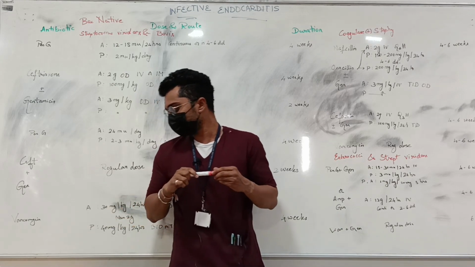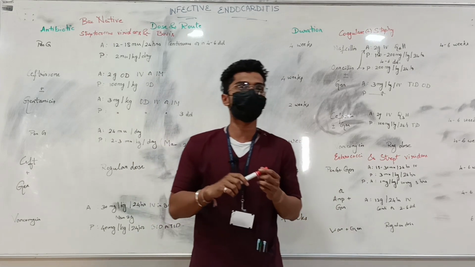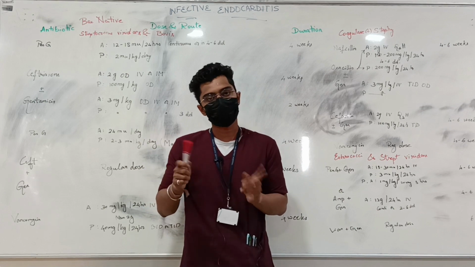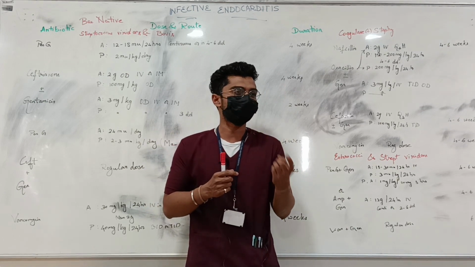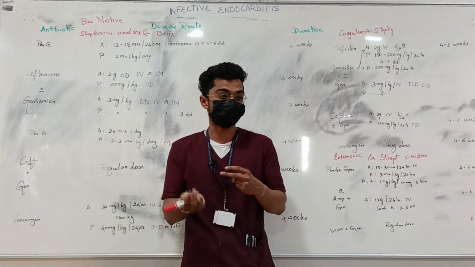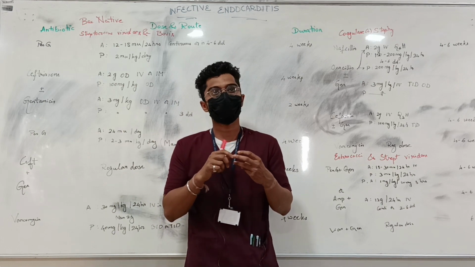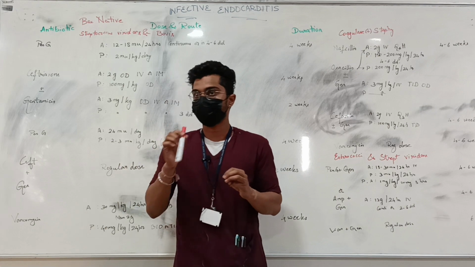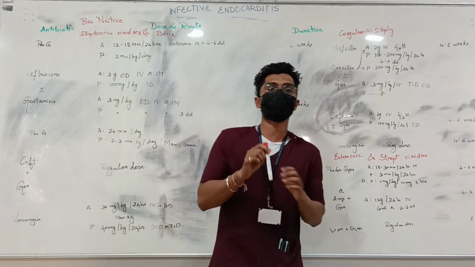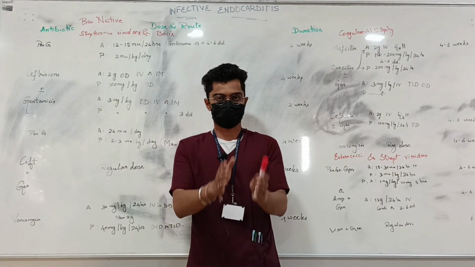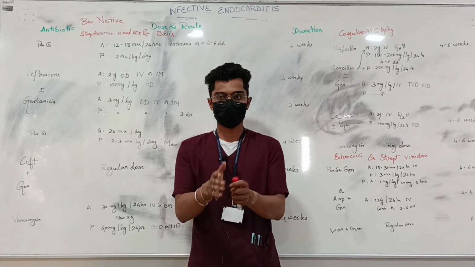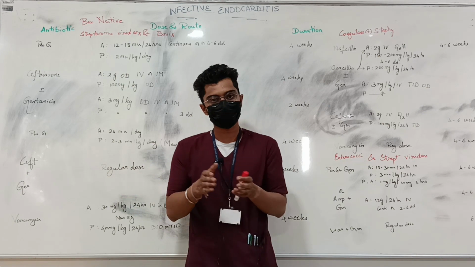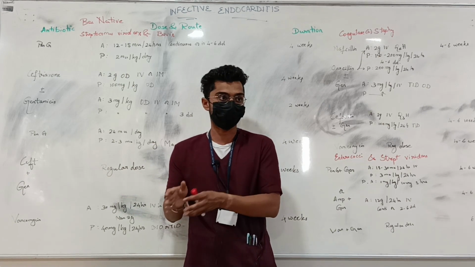We also use a diagnostic criteria called the modified Duke criteria, which takes into account symptoms, diagnostic approaches, and history. The AHA guidelines say the gold standard tool to diagnose a patient with infective endocarditis is transesophageal echocardiogram.